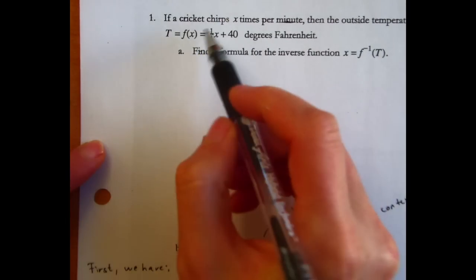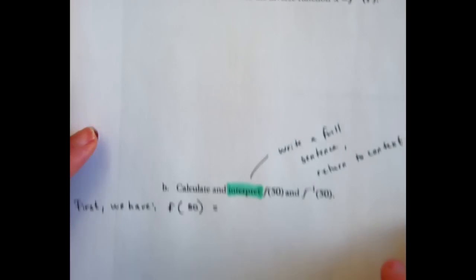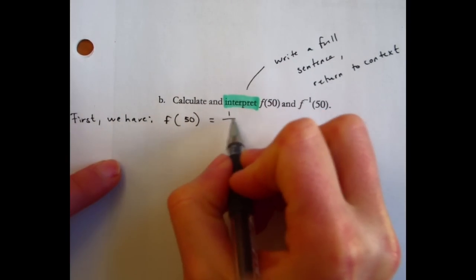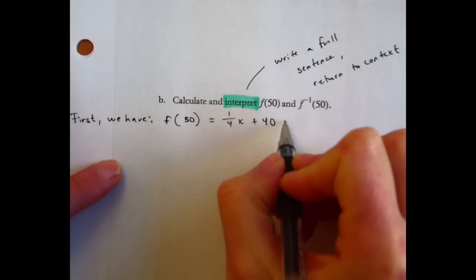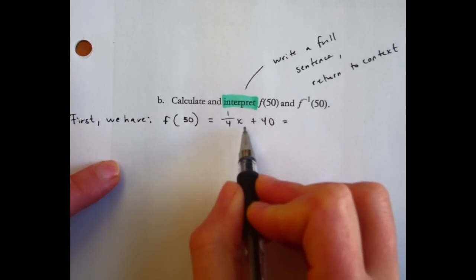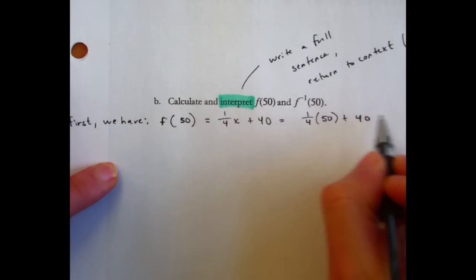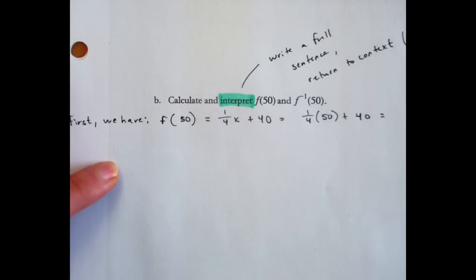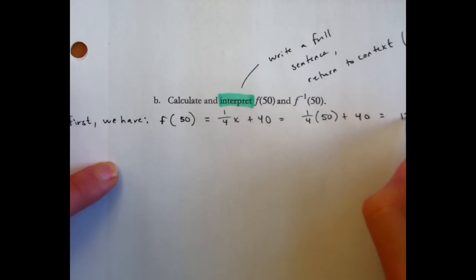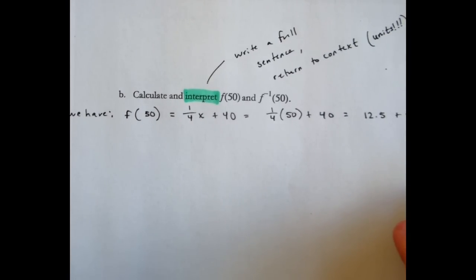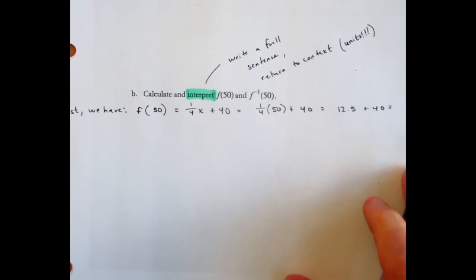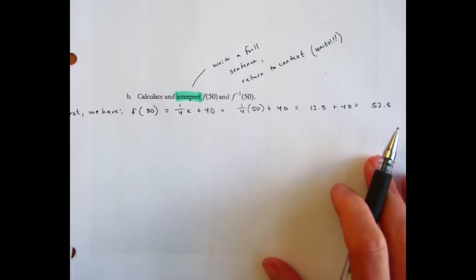F of x equals 1/4 x plus 40. Since 50 is my input, I'm going to input 50 in for x. I'm going to get 1/4 times 50 plus 40. When I calculate all that out, I get 12.5 plus 40, which gives me 52.5 as my final answer.